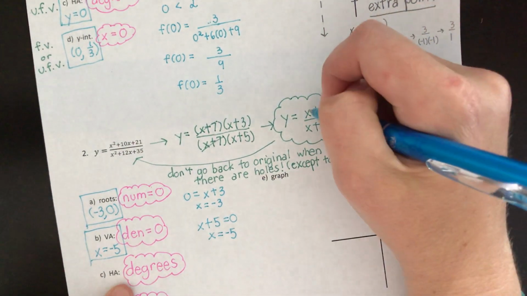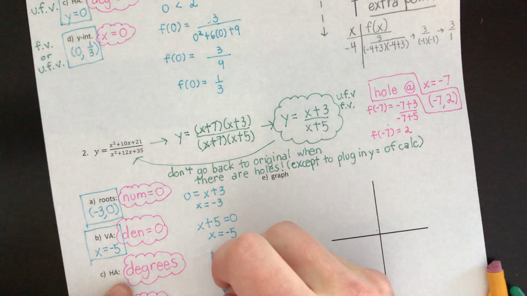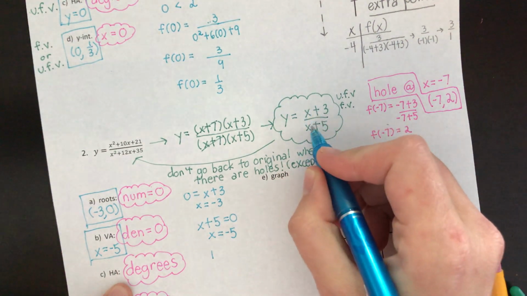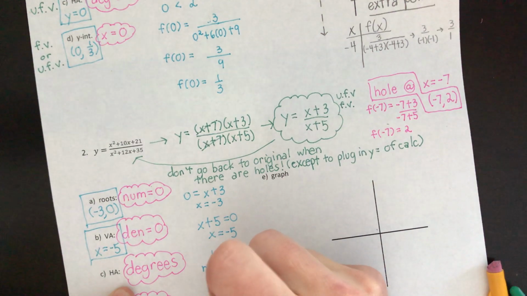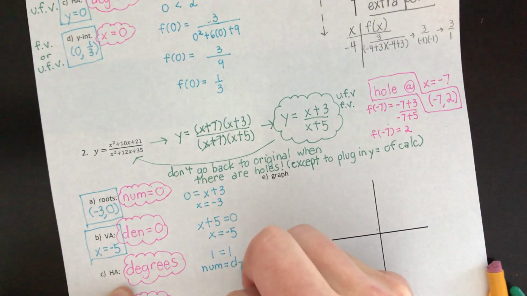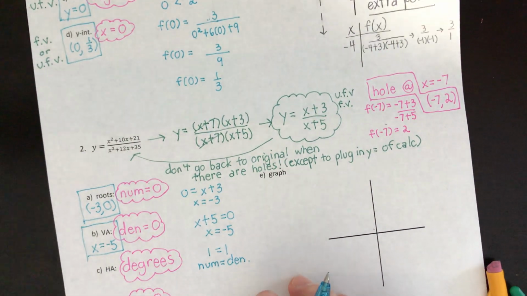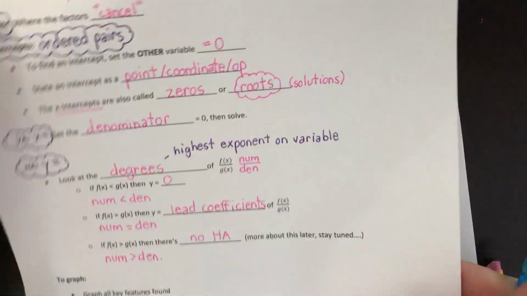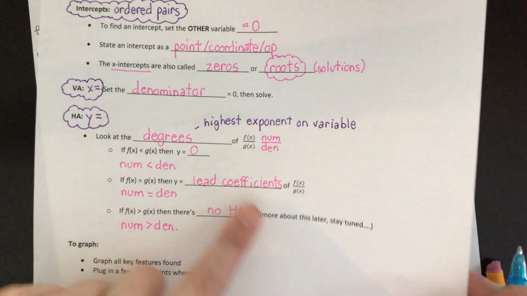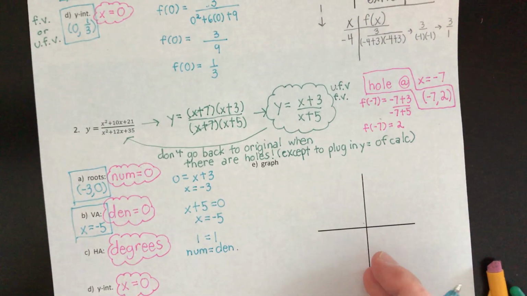Okay, my degrees. So my degree in my numerator is 1. The exponent on x is 1. The exponent on x is 1. 1 equals 1. Okay, so my numerator equals my denominator. What does that mean? Go back to your handy dandy chart here. When they equal each other, then you take the leading coefficients. So what are my leading coefficients?